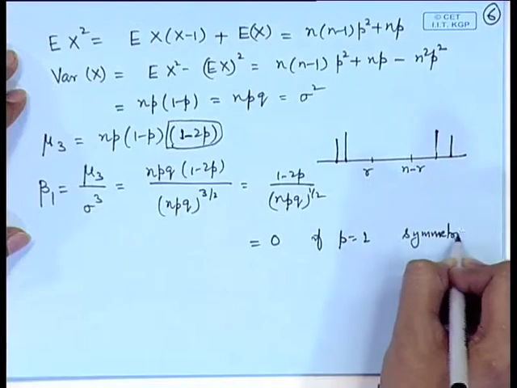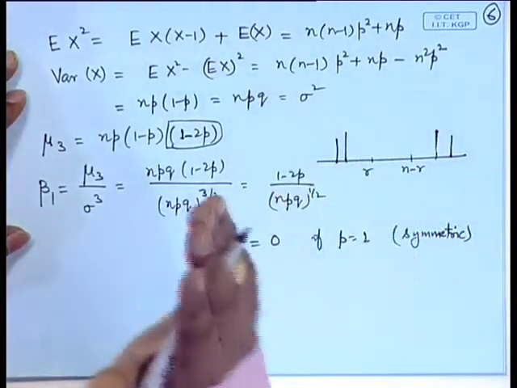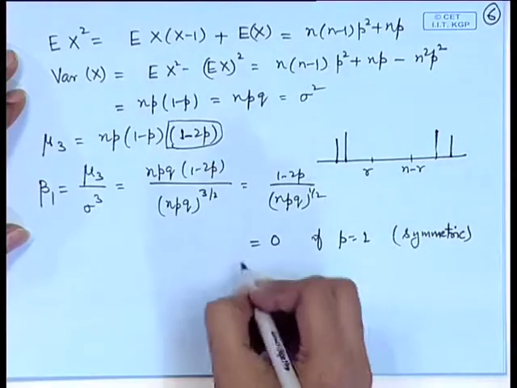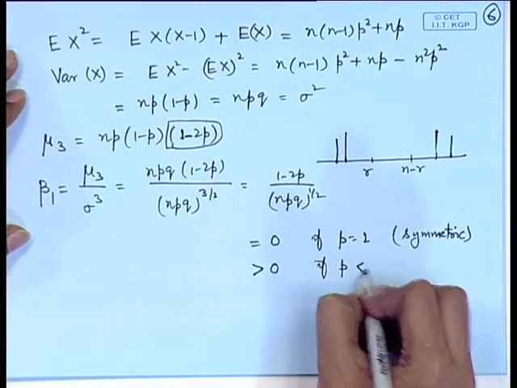So, the binomial distribution will be symmetric, which is obvious also, because in a binomial distribution we are looking at the probabilities of success and failure, and in each individual trial the probability of success and failure is the same. For example, if you are tossing a fair coin, then the distribution must be symmetric. This is greater than 0 if p is less than half.